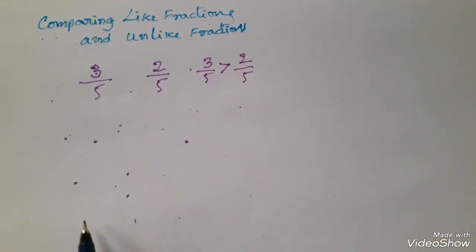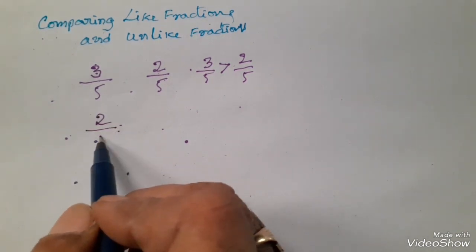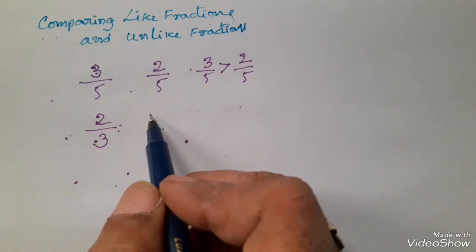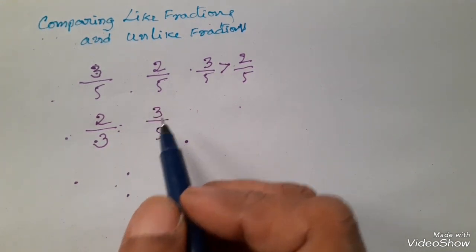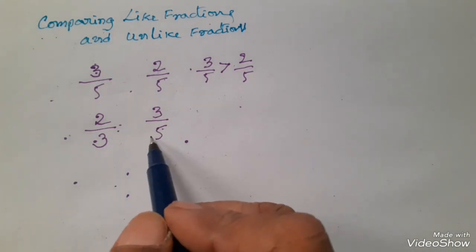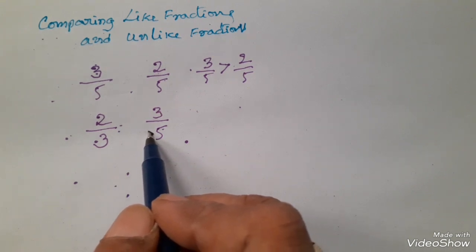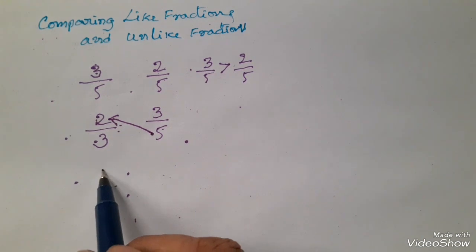Suppose when you are given unlike fractions, suppose 2 by 3 and 3 by 5 are given. Then how can we compare here? With 5 you multiply 2. 2 into 5, 10 we get.